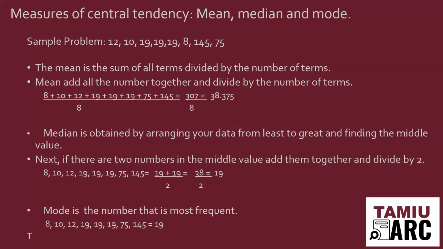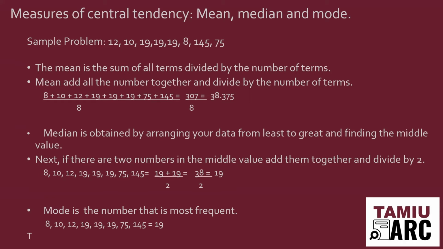We see these 8 values, so we divide by 8, and we add together 8 plus 10 plus 12 plus 19 plus 19 plus 19 plus 75 plus 145 to equal 307. We divide 307 by 8 to equal 38.375.